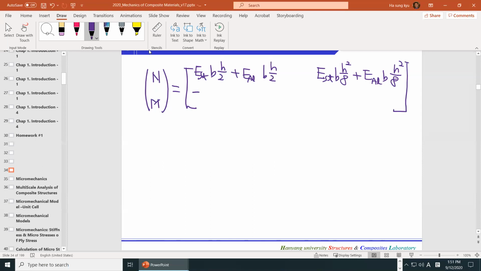And then E_ST and B 8H square plus E_aluminum B 8H square.